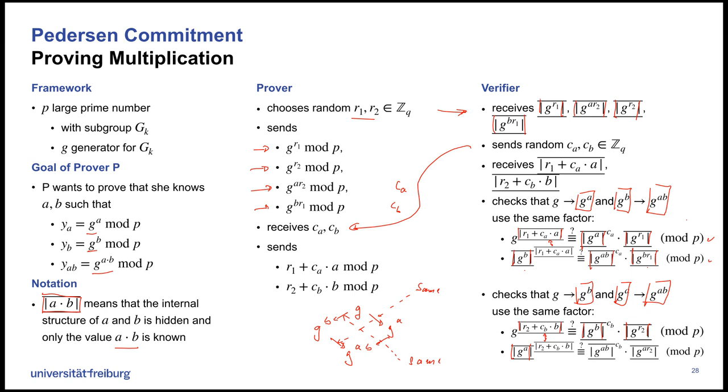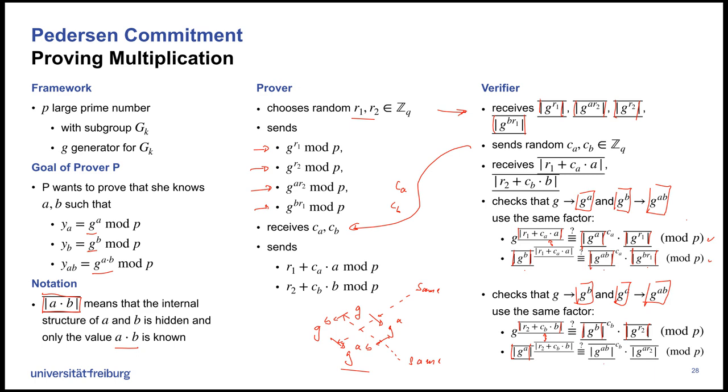It's like you're multiplying in one direction with the same factor and in the other direction with the same factor. So it must be that this is G to the AB. Because you're multiplying in one direction with the same factor and the other direction with the same factor, and this G to the AB is used twice here.